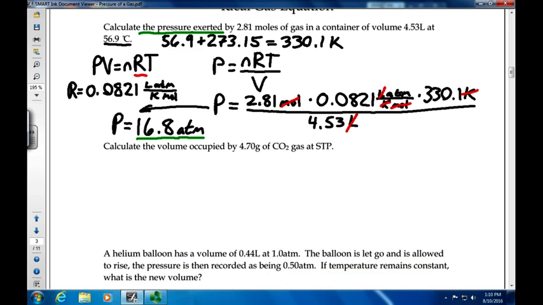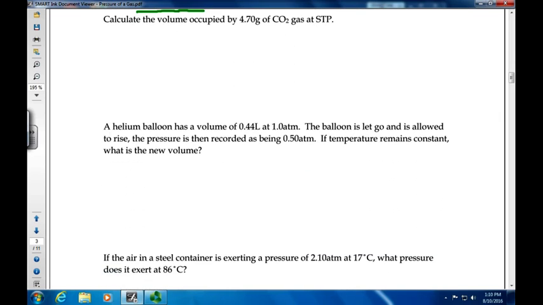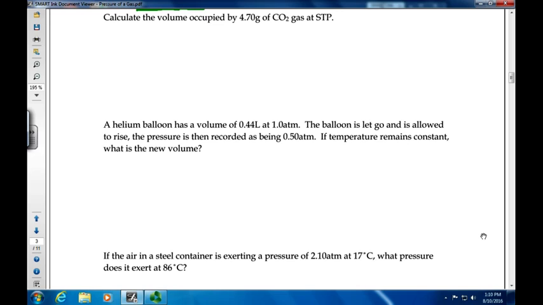The next problem we have addresses something slightly different. It's asking us to calculate the volume occupied by 4.70 grams of CO2 gas at STP, or standard temperature and pressure. We're not going to use the ideal gas equation. We're simply going to look at what is provided.